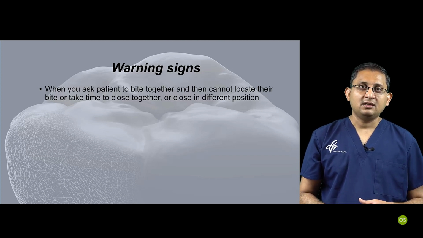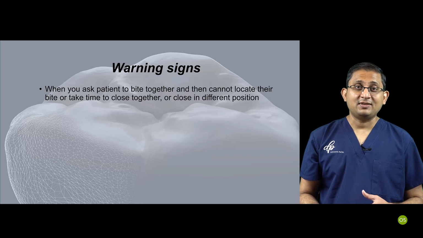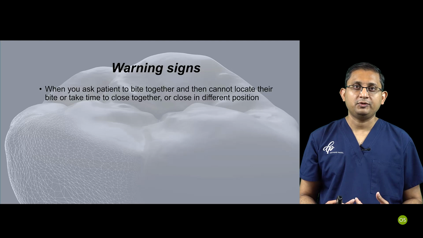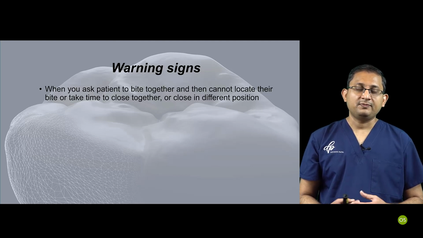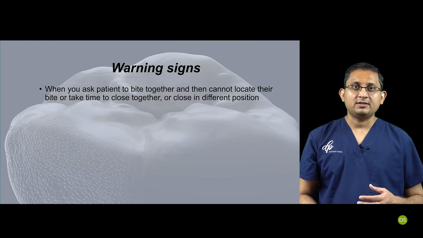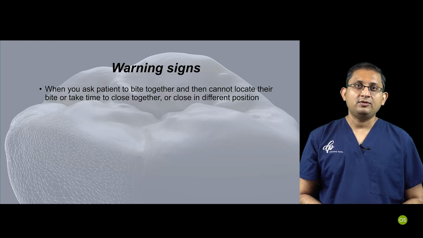It could be that they have been wearing dentures for a long time and cannot really close their jaw properly, or they have a real lack of posterior support and have forgotten how to close their teeth properly. So there are different reasons, but this is one of the warning signs you see before you do a full mouth reconstruction or before you do more heavy restoration.